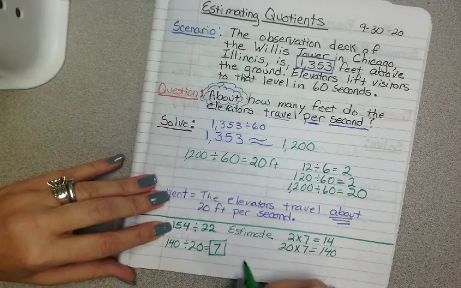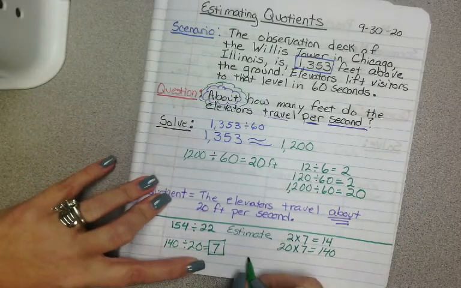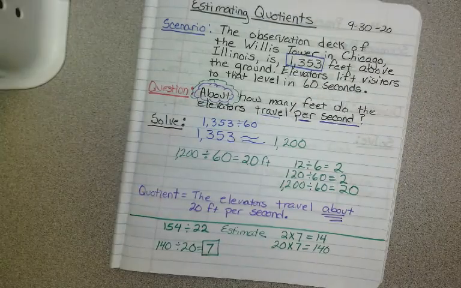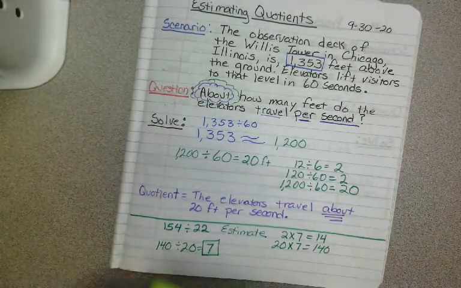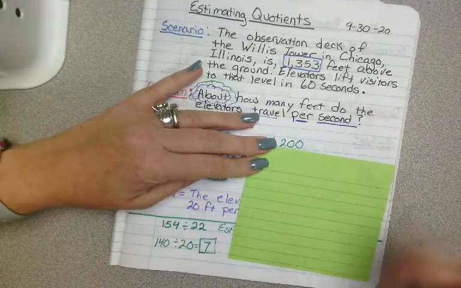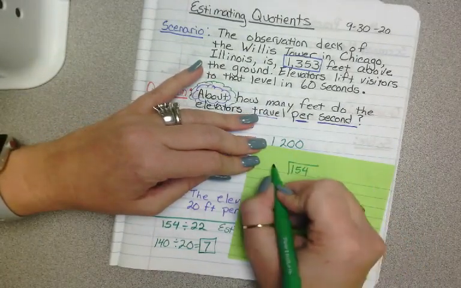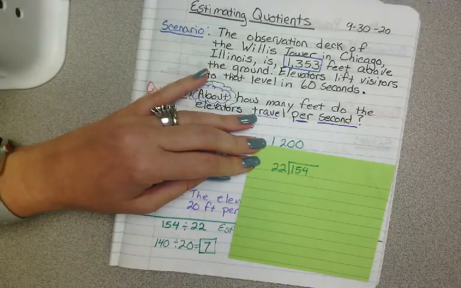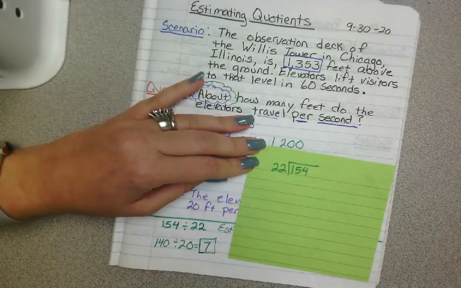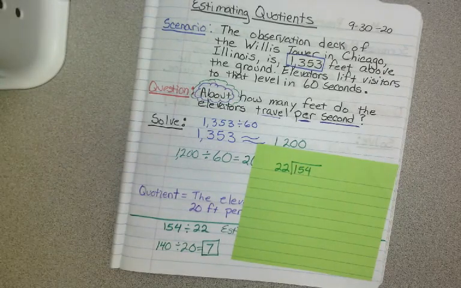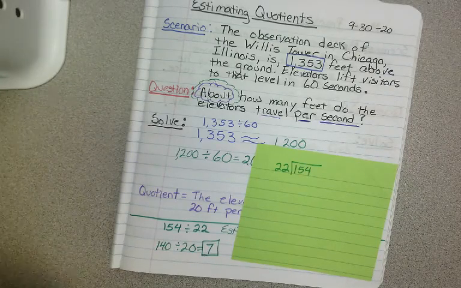So if I were to actually work out 154 divided by 22, okay? Let's just say that I decided to do that. We're going to use our estimated quotient to check to see if our real answer is somewhat reasonable.